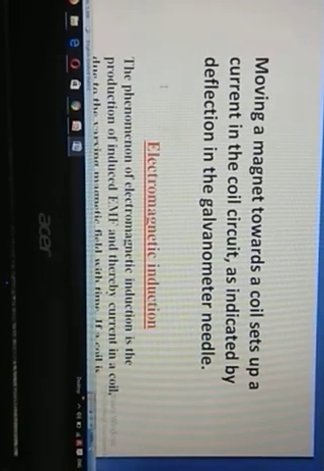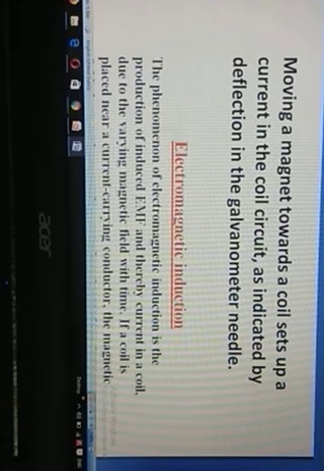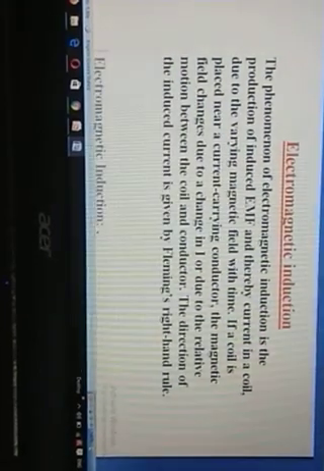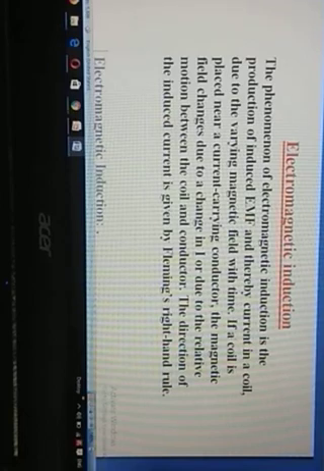Whenever a magnet is moved towards a coil, a current is set up in the coil or circuit, as indicated by the deflection of the galvanometer needle, which shows that this is induced current. So we need to know the phenomenon of electromagnetic induction: producing an induced electromotive force, and thereby a current, in the coil due to the magnetic field varying with time.